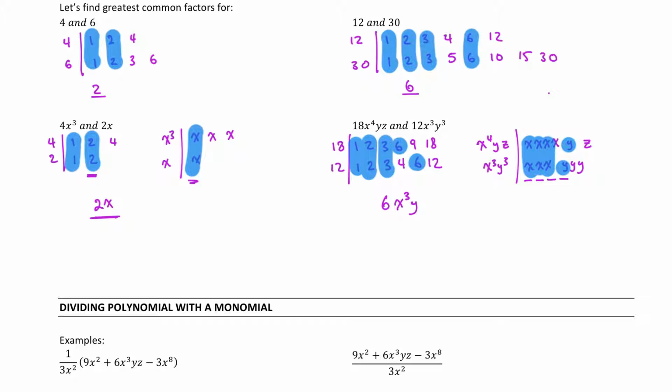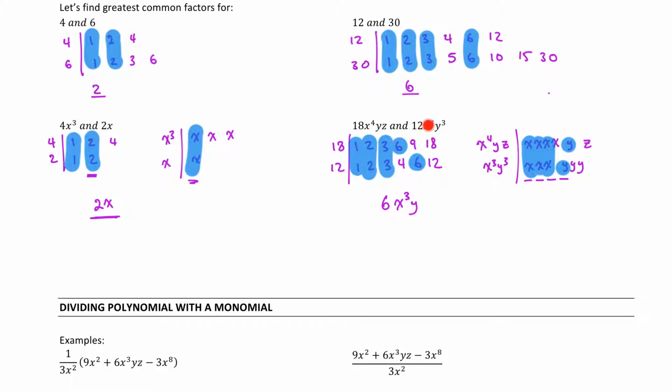For the variables, you can either write it out, but if you don't want to write it out, just look at the variables that are shared first. So in this case, my x variable is shared, my y variable is shared because they both have y, they both have x, but there's no z in both of these, so z will not be here. In terms of exponents, this x has an exponent of 4 attached to it.